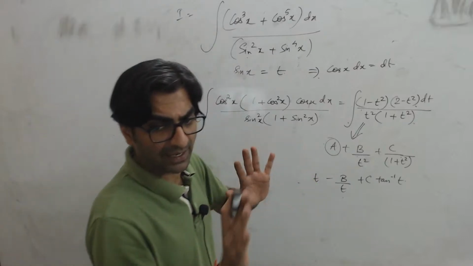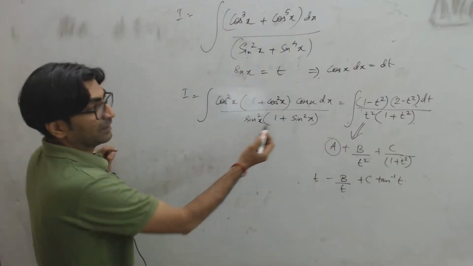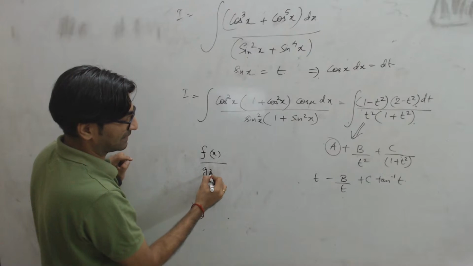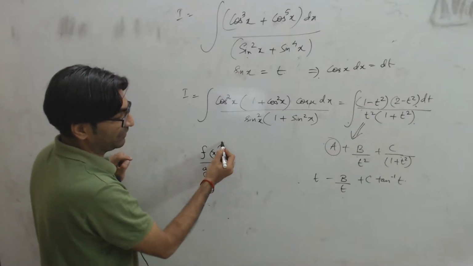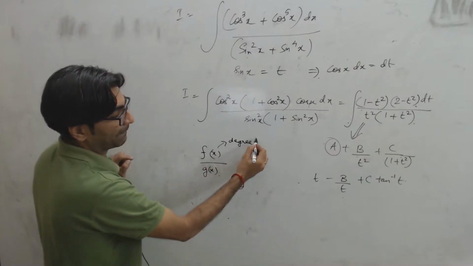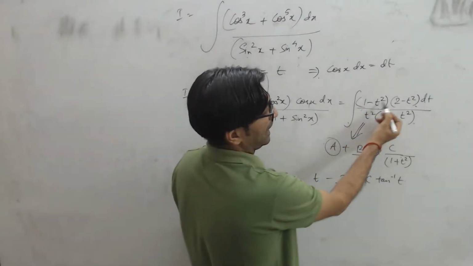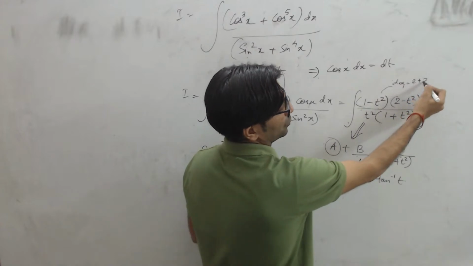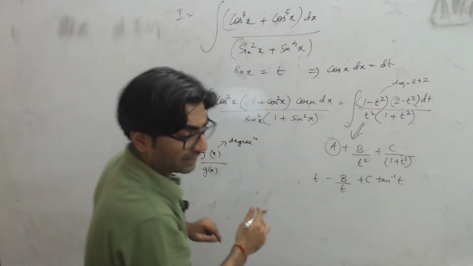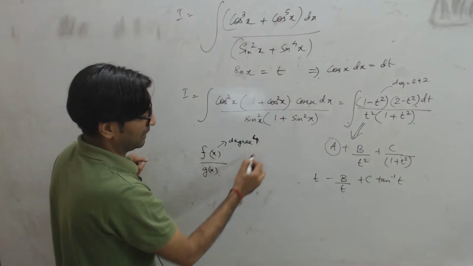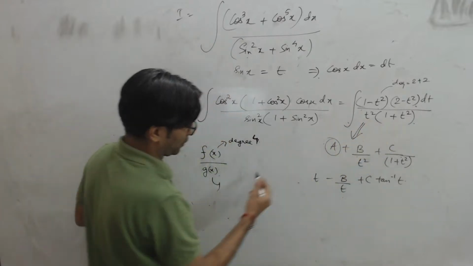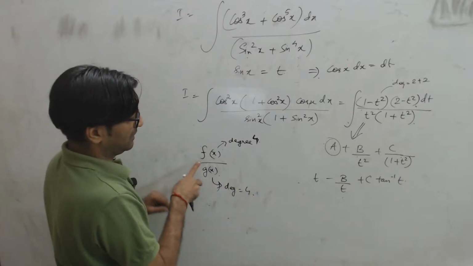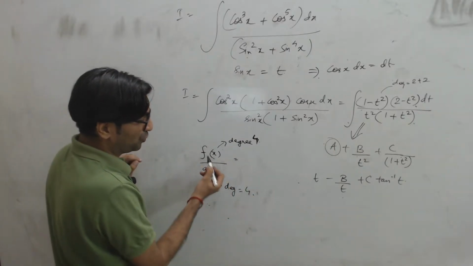Why A? Yeah. Okay. So the logic here is that, remember, numerator has a, if you have fx by gx, right? If this is of degree 4, it has a degree 4, right? Square means degree will be 2 plus 2. You'll have t power 4, correct? So numerator has a degree of 4 and denominator also has a degree of 4, right? So when you split this, ideally into partial fractions, you will get a constant term.